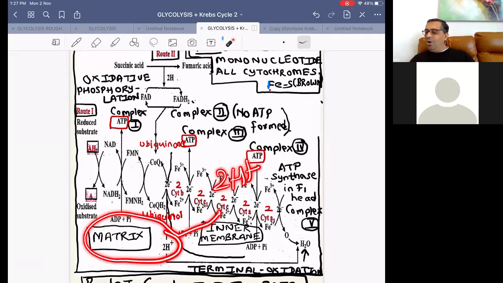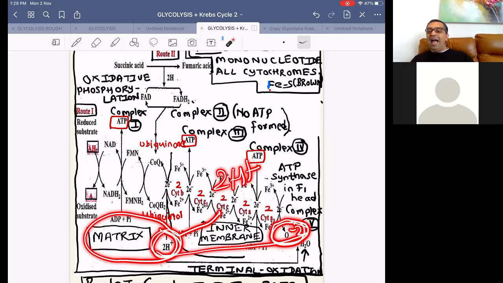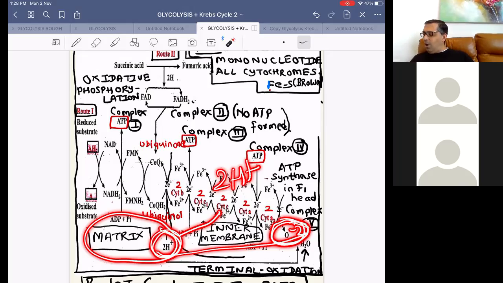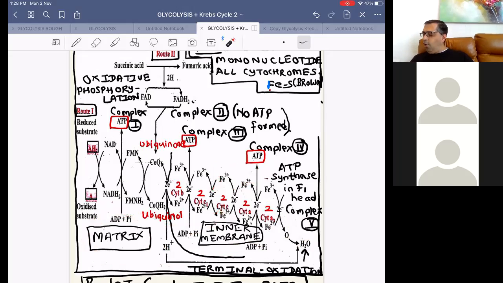And now the oxygen with 2 electrons goes back towards the proton, and oxygen with 2 electrons and 2 protons combine together to form a molecule of water.